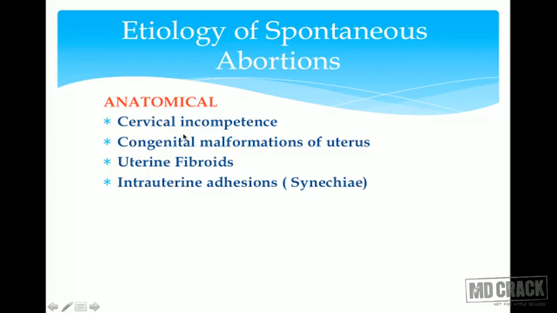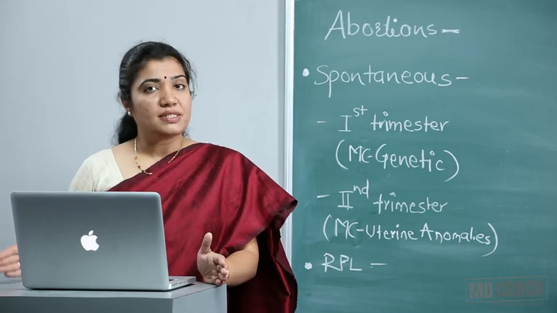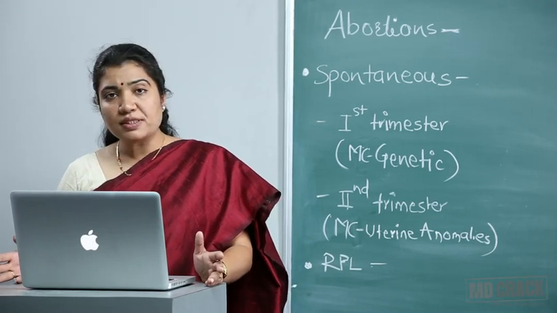And the causes are cervical incompetence or congenital malformation of the uterus. Now what malformations? Common are bicornuate uterus, septate uterus, unicornuate uterus. These are the abnormalities seen in the uterus which will lead to abortions, usually either late first trimester or in second trimester.